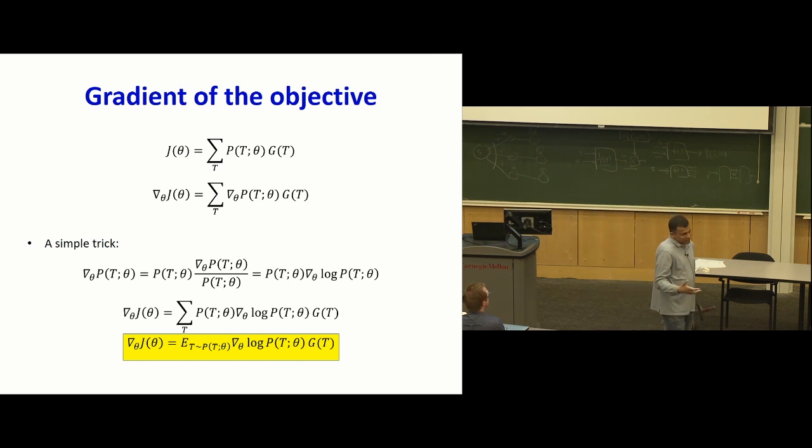What did we gain by this? Nothing really, except that now this derivative term itself ends up becoming an expectation. Because it's p times the derivative of log p times G of tau, which is simply the expectation of the derivative of log p times G of tau, right?